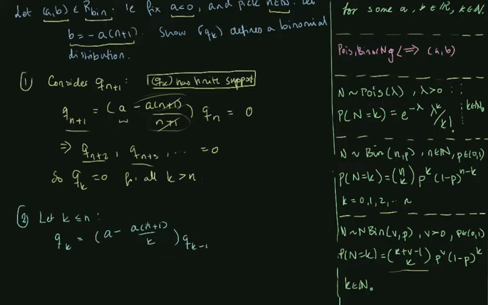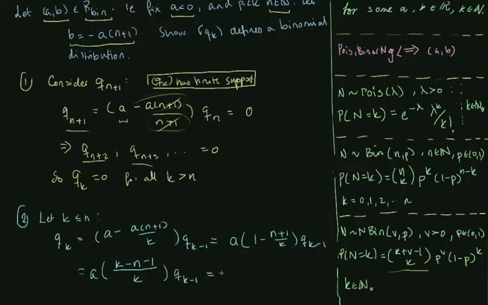And that is equal to, well, I can take an a outside, and then I have 1 minus (n plus 1) over k, q_{k-1}. The next thing that I can do is to put everything inside the same fraction. So I have (k minus n minus 1) divided by k, q_{k-1}.